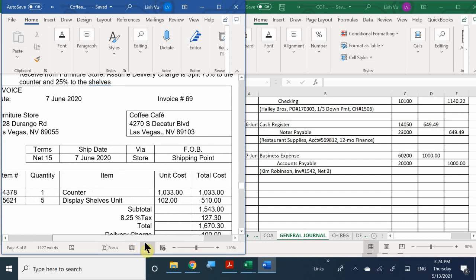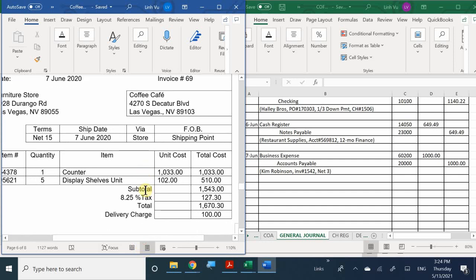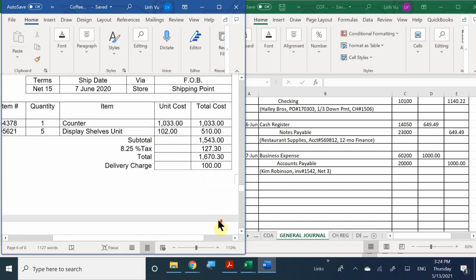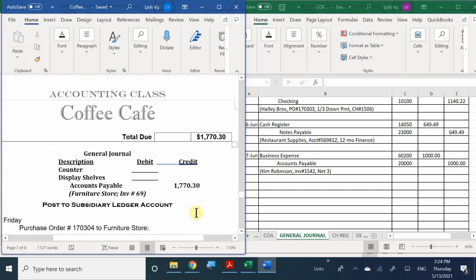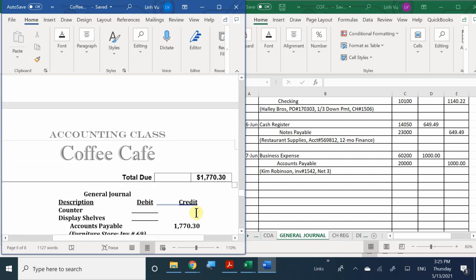However, we got charged tax and we got charged shipping. Delivery charges of $100. So our grand total bill here is going to be $1,770.30.